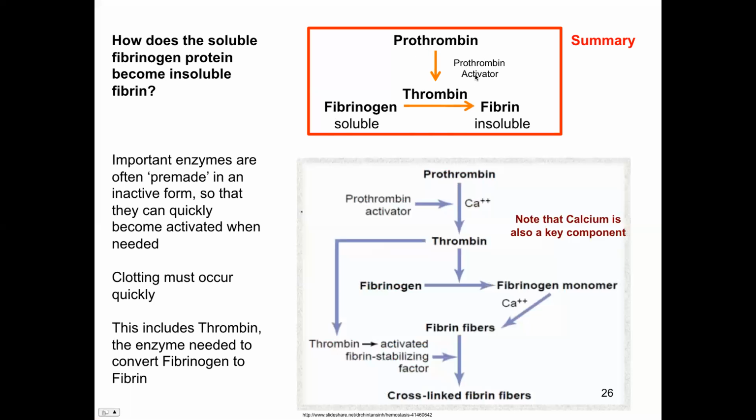That is only the last step in like an 18-step program to make this happen. So clearly you don't want blood clotting happening when you don't want it to, or when you don't need it, because it's really bad for you. But since you need it very desperately to happen very quickly, there is a whole bunch of players that are all ready to go.